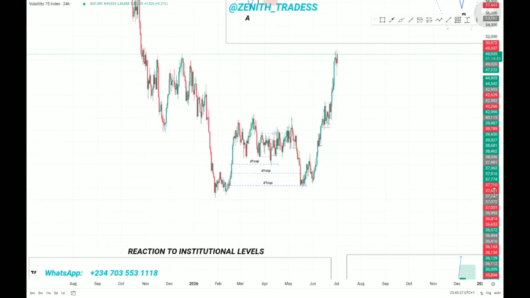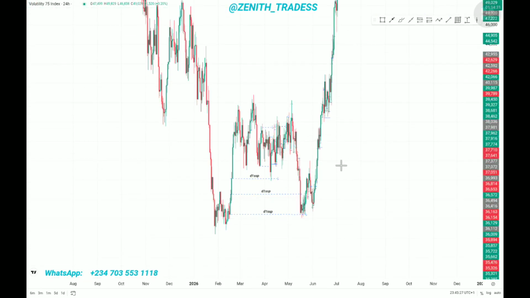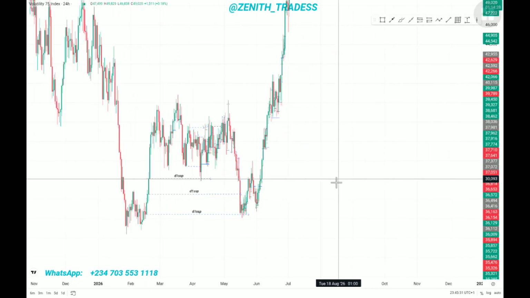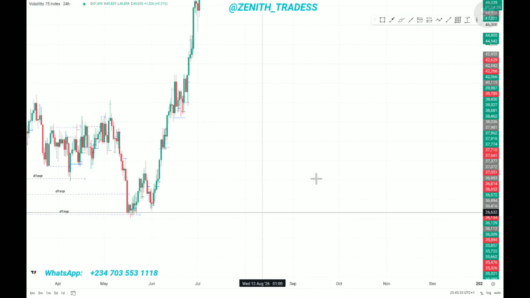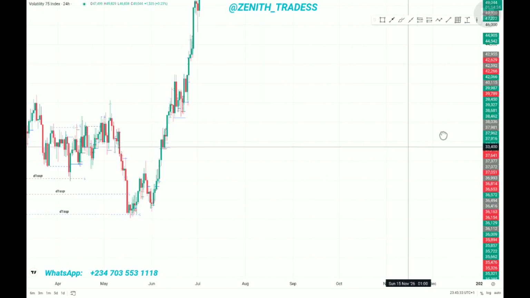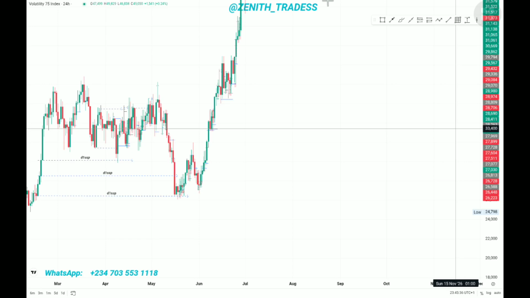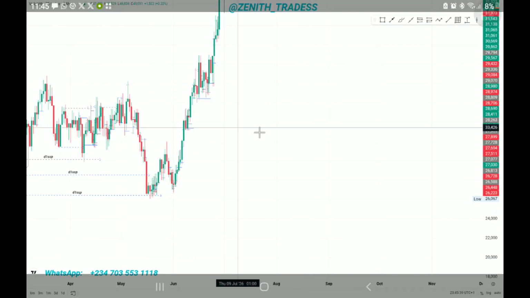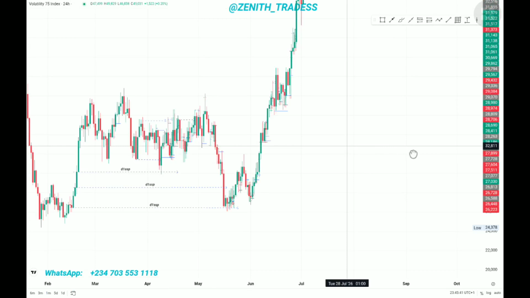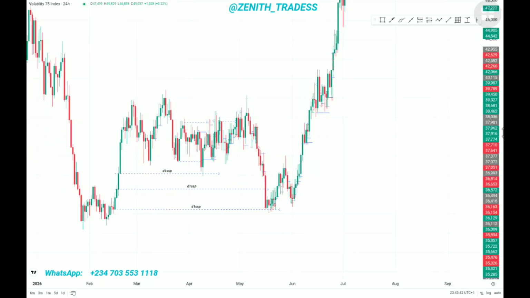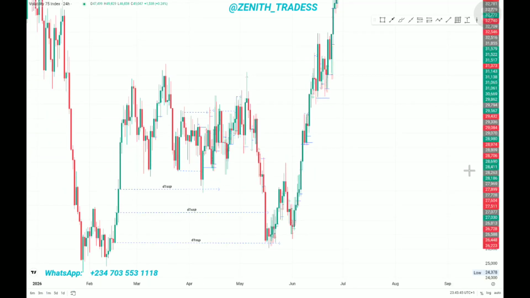Because when a pro leg is moving, you'll be wondering, okay, where is it going to reverse? The top-down analysis will guide you where likely those legs that are moving either bullish or bearish will reverse.